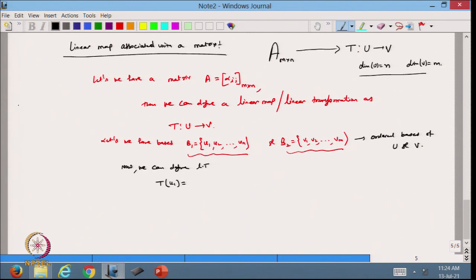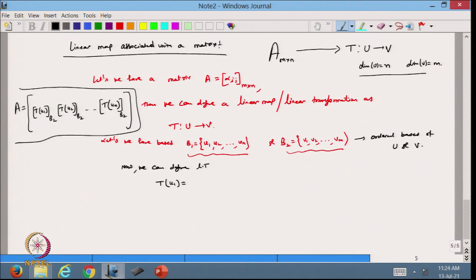So, I know that my A is basically the coordinates of T of u1, the coordinates of T of u2, and the coordinates of T of un with respect to B2. So, I know that this is my A.